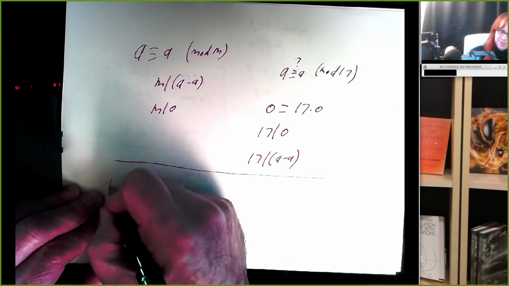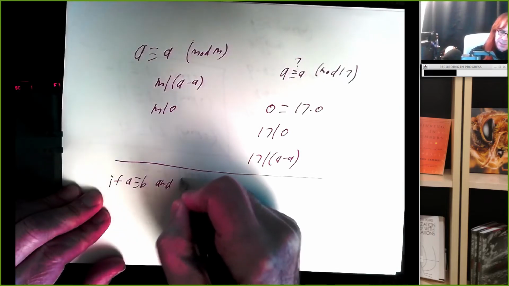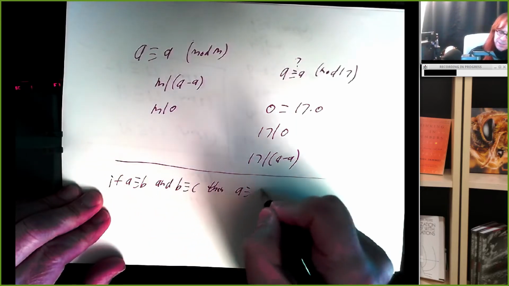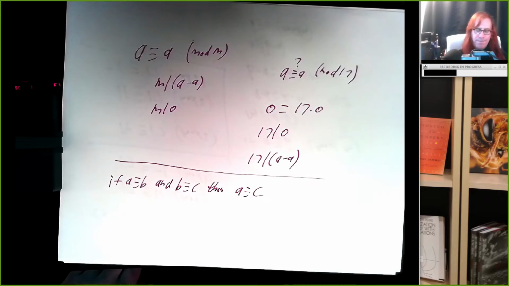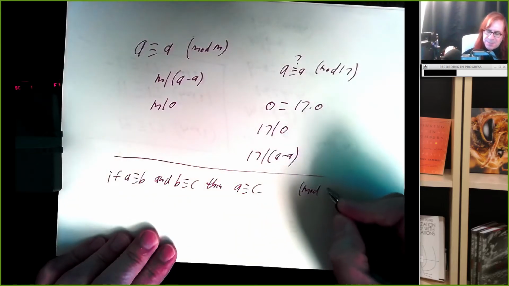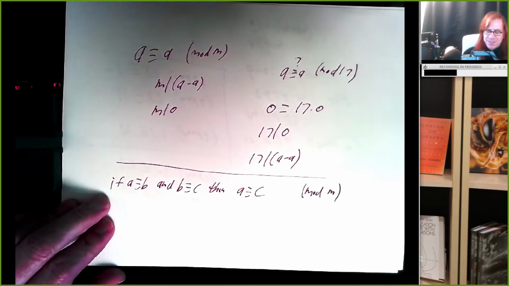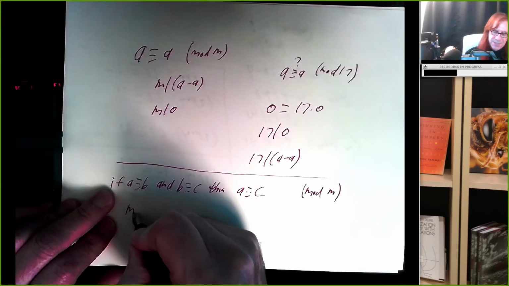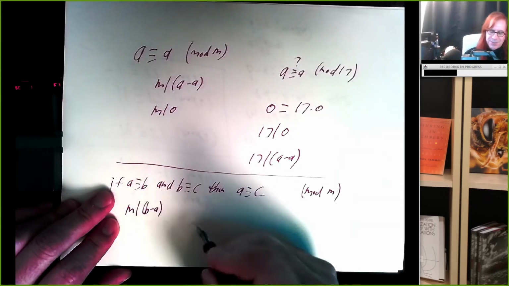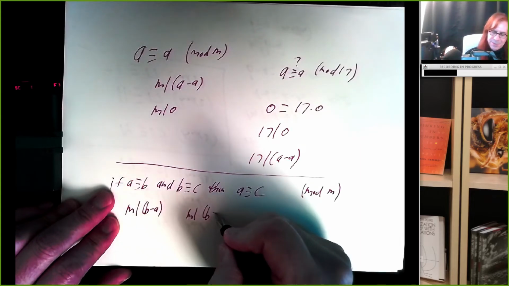And it also turns out if a is congruent to b and b is congruent to c, then a is congruent to c. And we're working under some unstated modulo m here. Well, how could we prove this? If a is congruent to b, this means m divides b minus a. And b is congruent to c, so that means m divides b minus c.